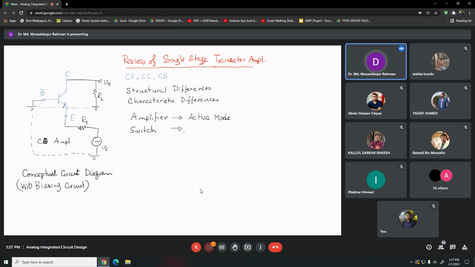And if you want to use this as a switch, then what are the modes for a switch? Cut off and saturation. Right, it has to be saturation, and the other is cut off.